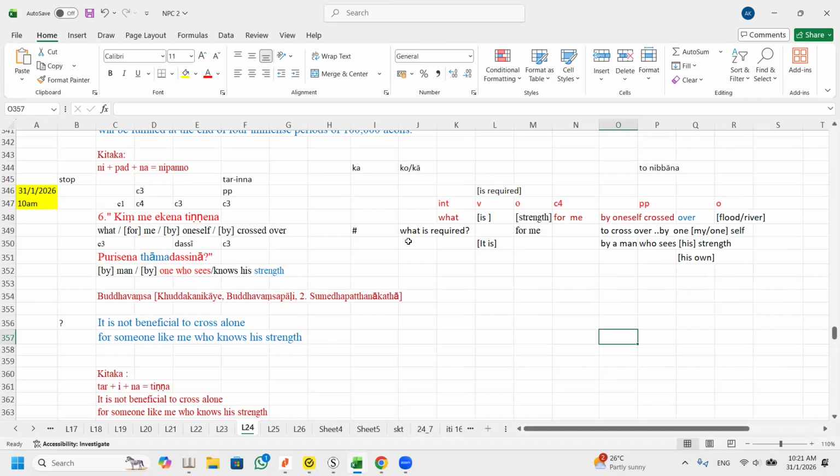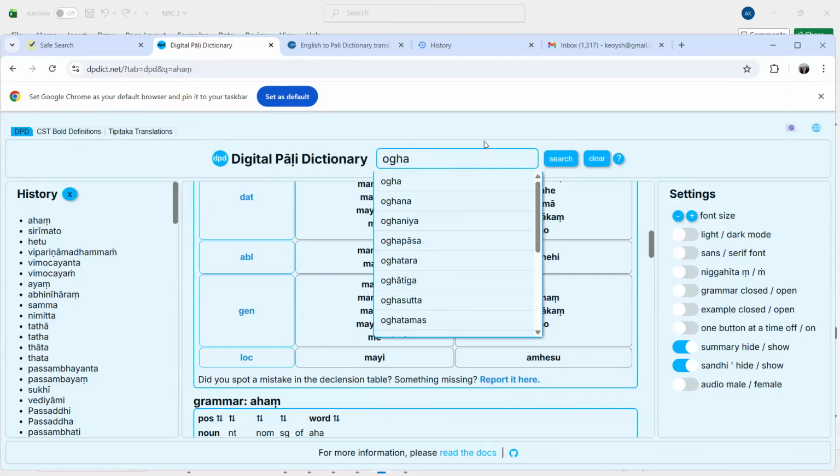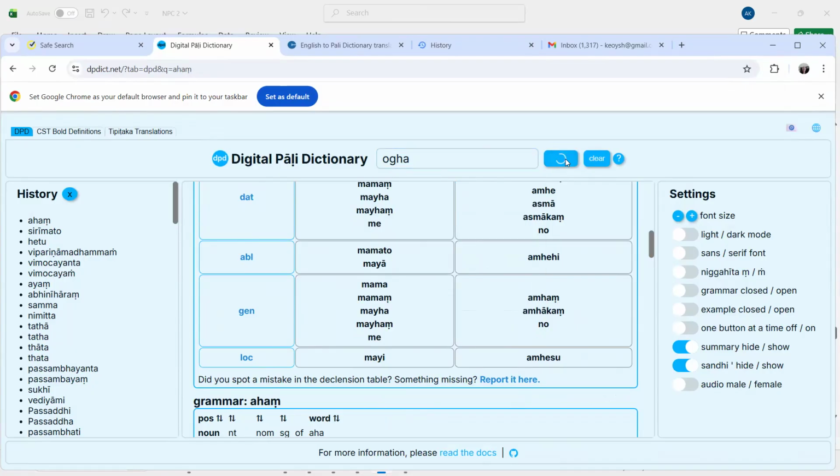Either you say what is the strength. I put the strength. What is the strength for me, by myself, to cross over? The crossover is, in certain suttas, you use the word flood, ogha. Ogha is flood.